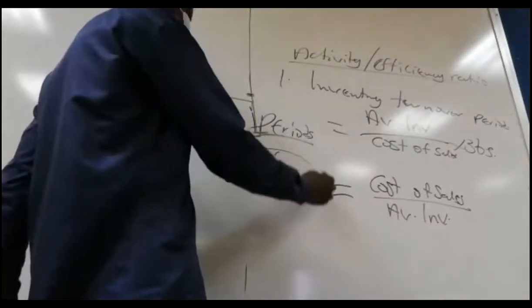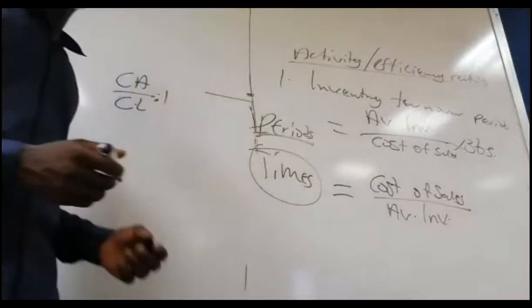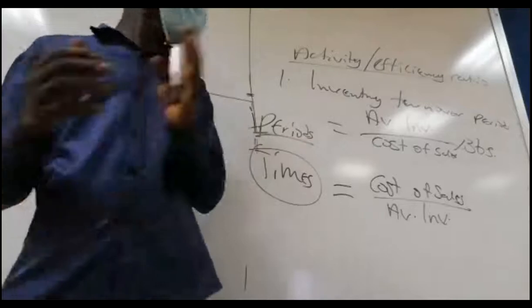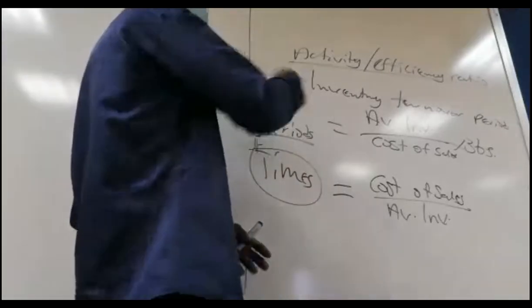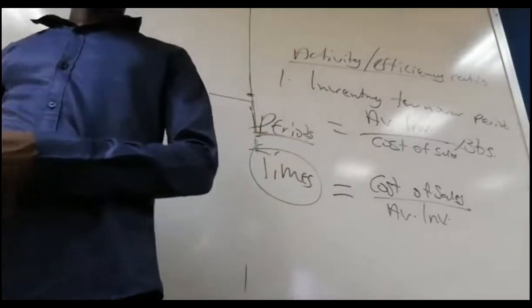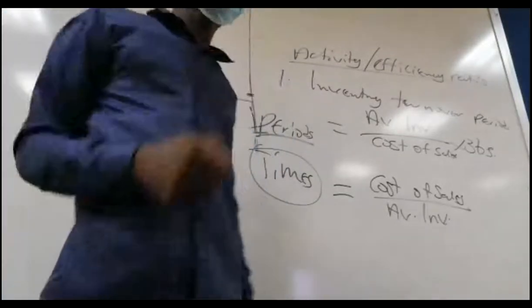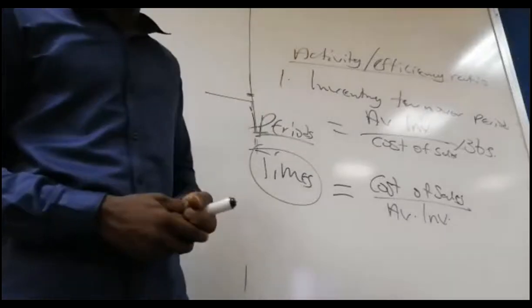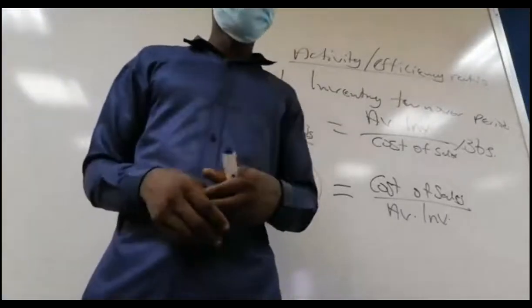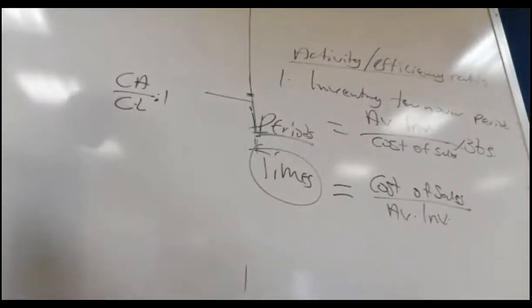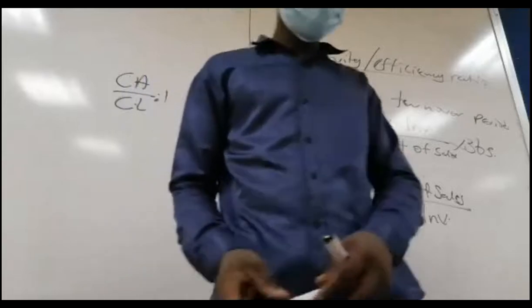This is in times. You can also express inventory turnover in times, not only in periods, where in periods it is how long it takes you. Sometimes you express it as the number of times you go to the market. In fact, in olden days, that's what they normally used. When they went to the market, they put one stone there.